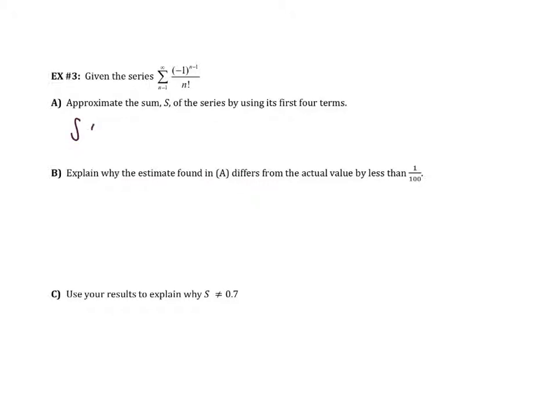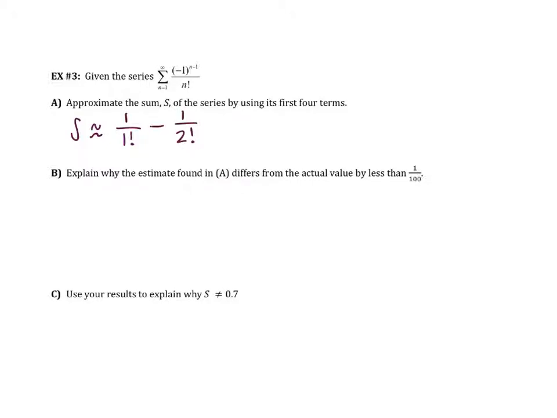Our sum is going to be about, if I plug in 1, 1 over 1 factorial, plus, and if I plug in 2, notice that it's 2 minus 1, so that means we're going to have a negative, which turns into negative 1 over 2 factorial.